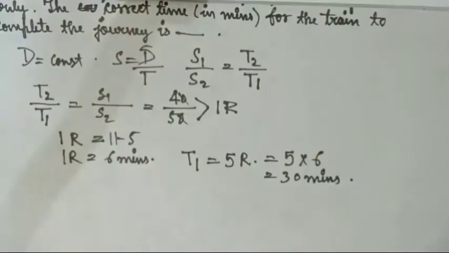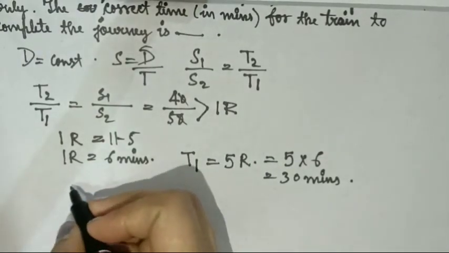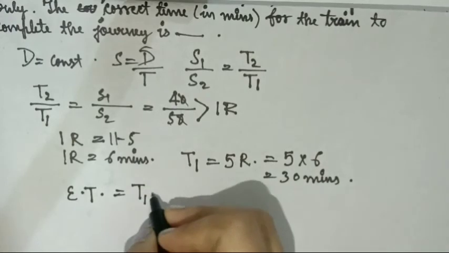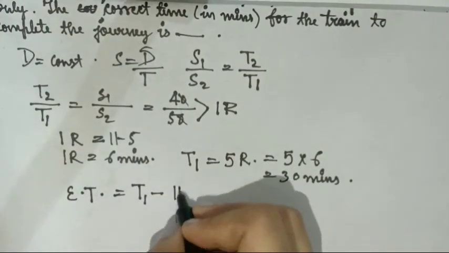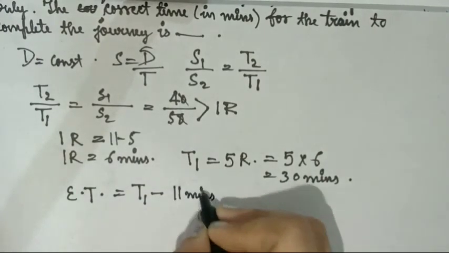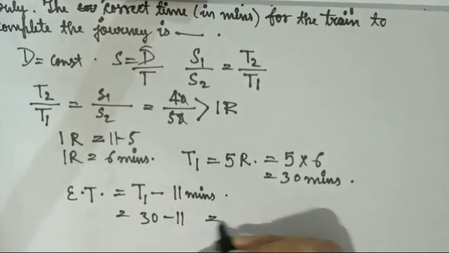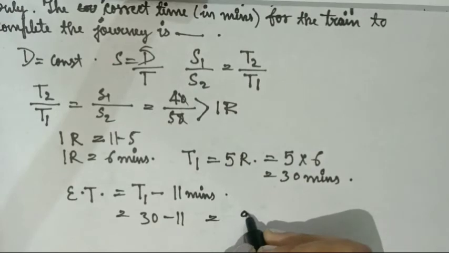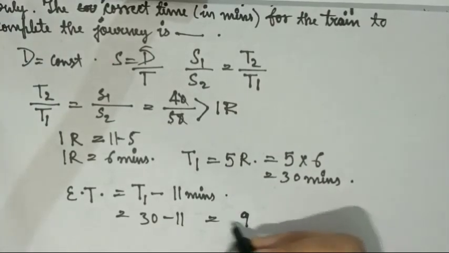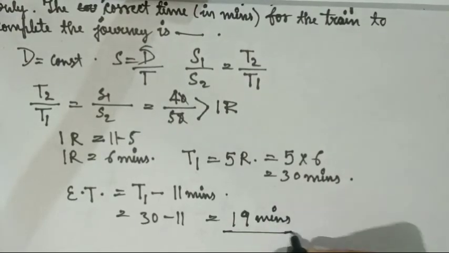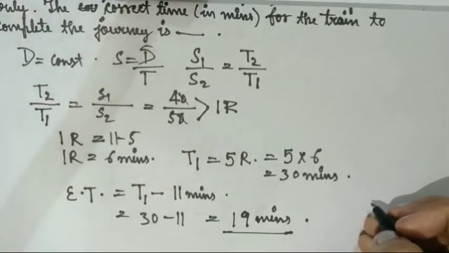To find the exact time, ET is equal to T1 minus, it's late by 11 minutes. So this is 30 minus 11, that is how much? 19 minutes. So this is the correct answer, this is the exact time.